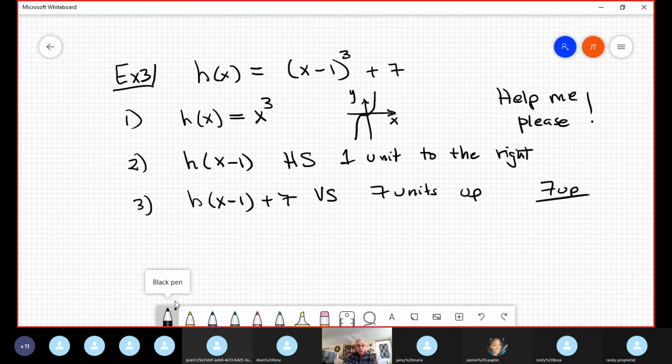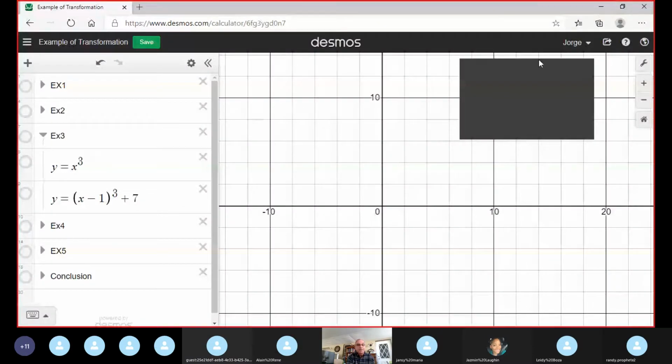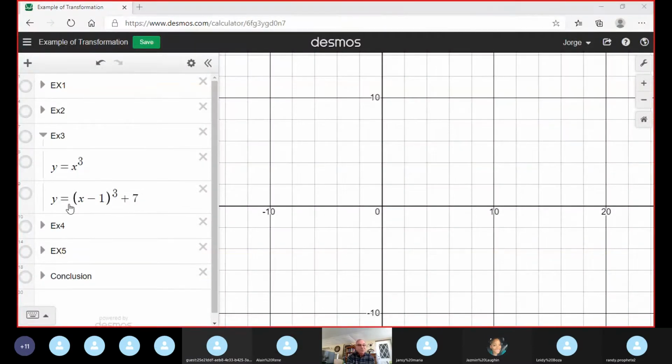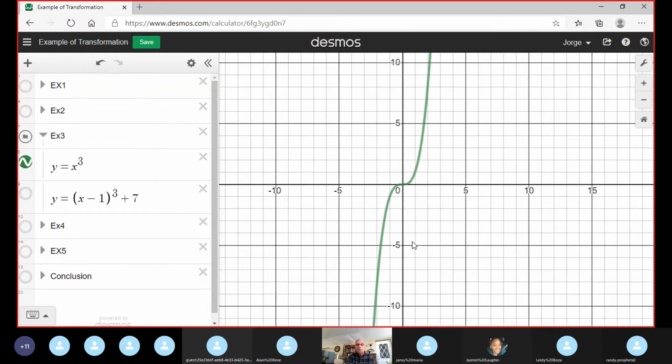Okay, let me see in Desmos to understand the idea. Okay, there you go. This is my famous cubic function, and this is the new one after the transformation.